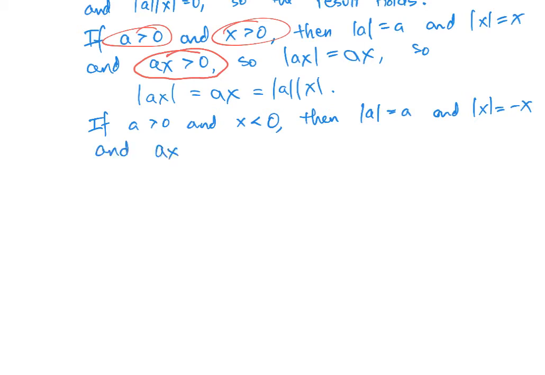And ax would be less than 0, so the absolute value of ax would be negative ax.